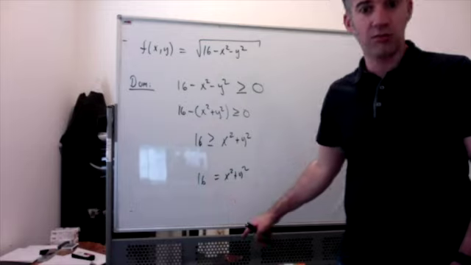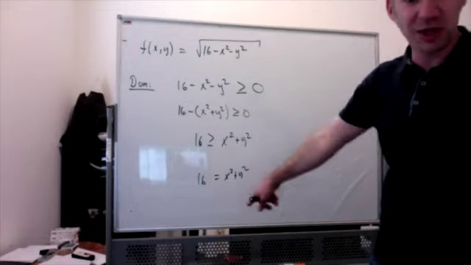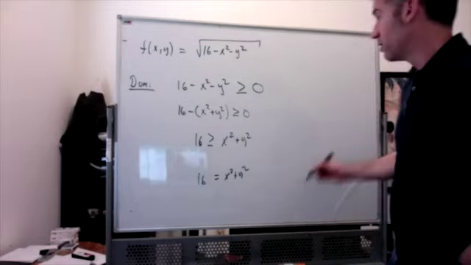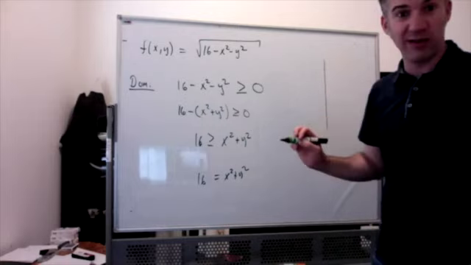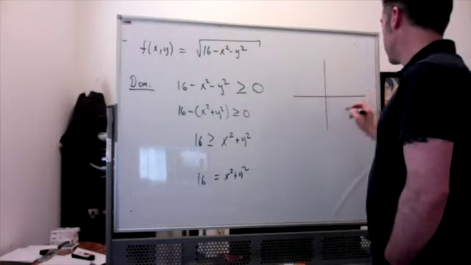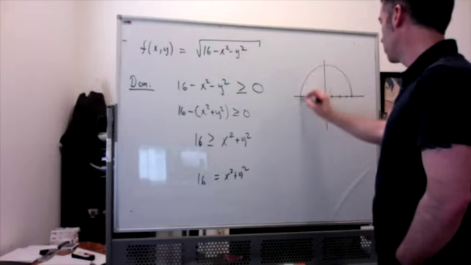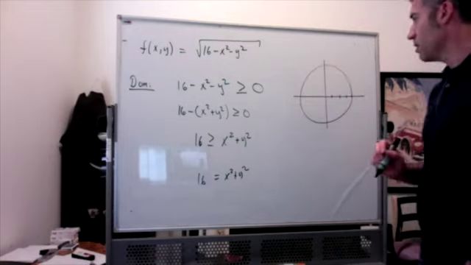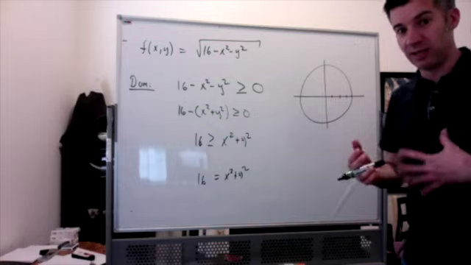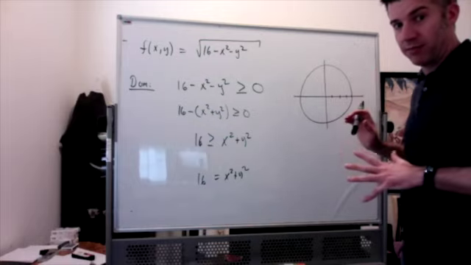Well, I know what x squared plus y squared equal to 16 looks like. That's a circle. There's a lot of circles in this section. That's a circle of radius 4. So I'm going to draw my domain. With my circle of radius 4, okay, 1, 2, 3, 4. And here's the thing about domains in the xy plane.